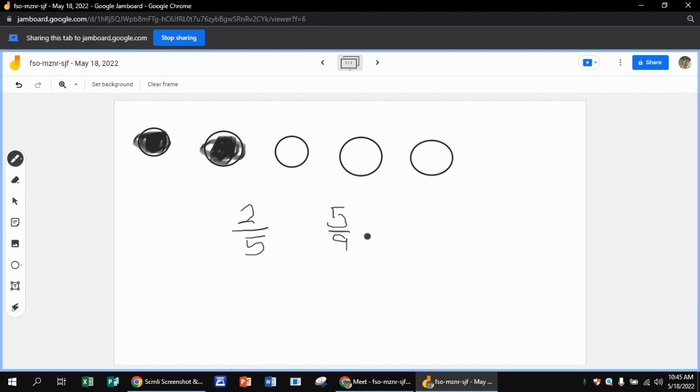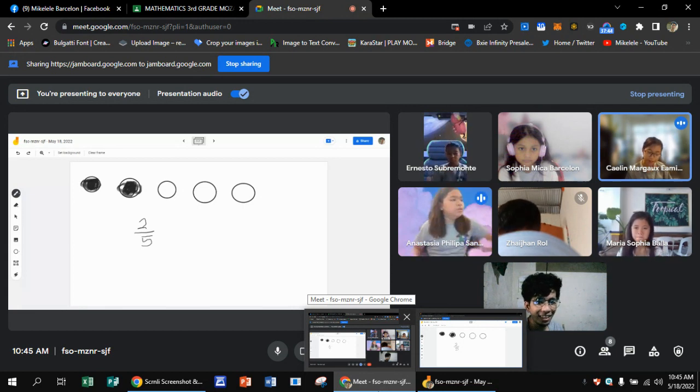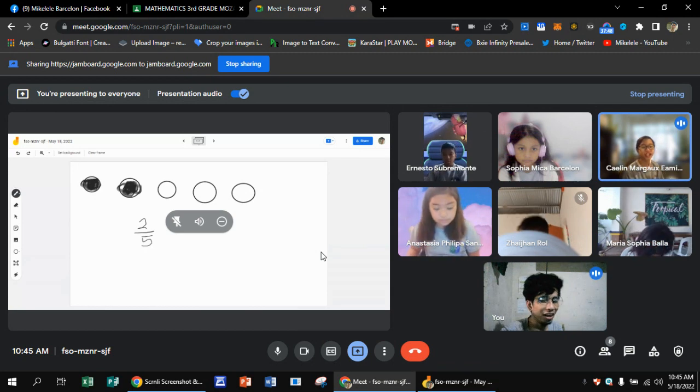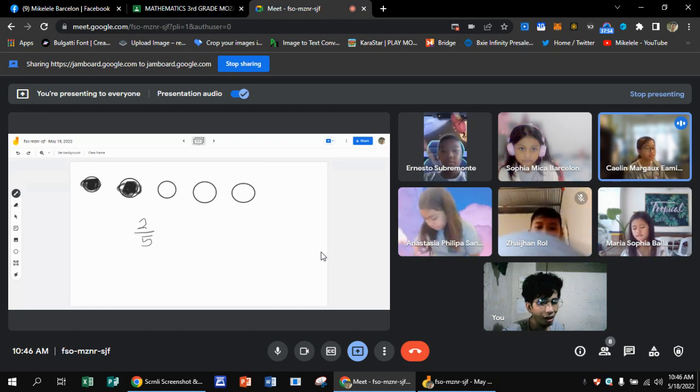So, do I write down just 5 for number 1? You only write the answers, only the ones that are shaded. So we just answered 5, 4, 9, okay.